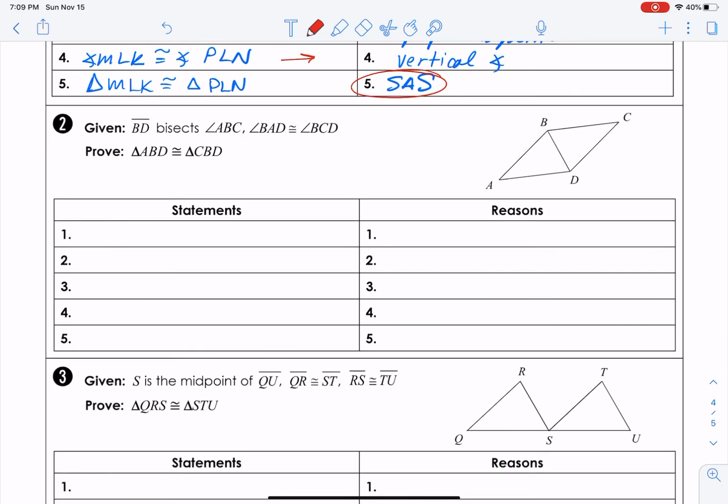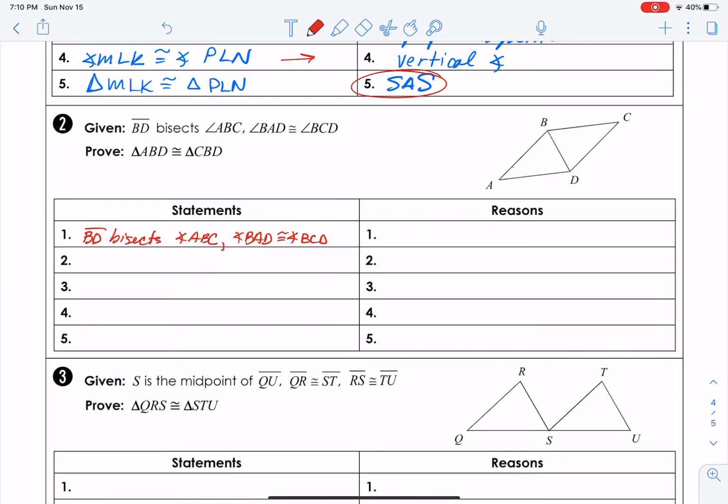For number 2, our first thing, BD bisects angle ABC, which means, oh, and I know that angle BAD is congruent to angle BCD.